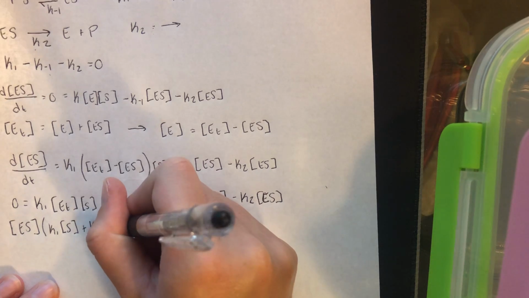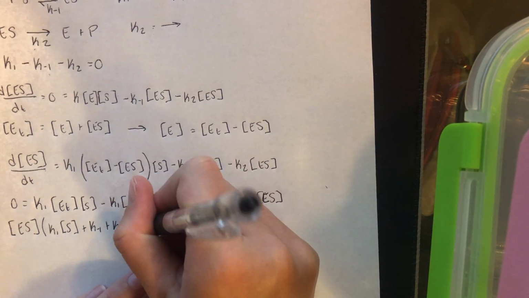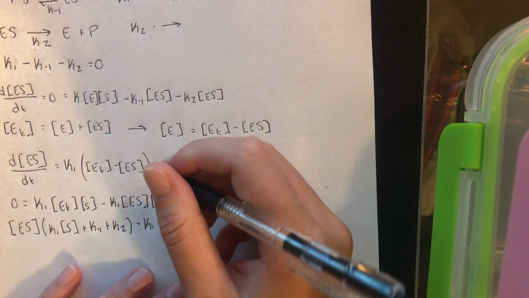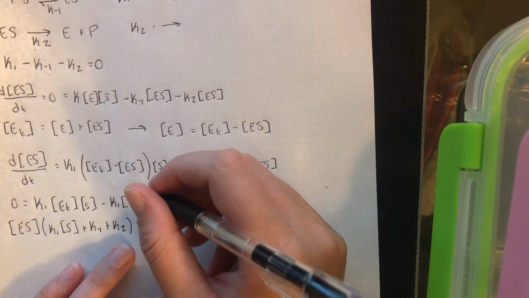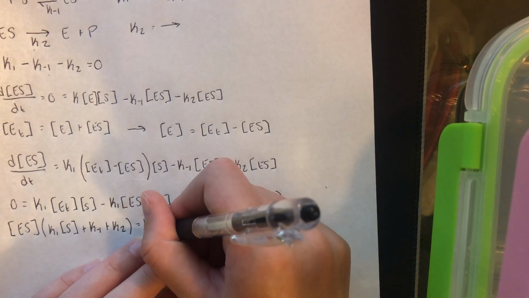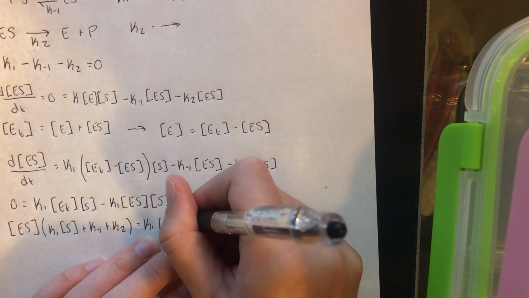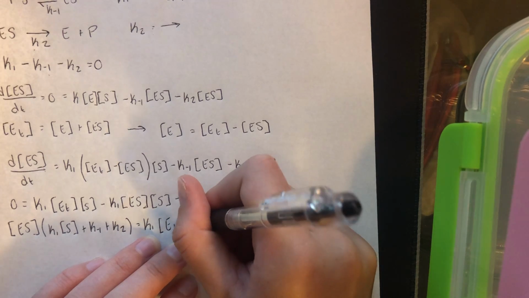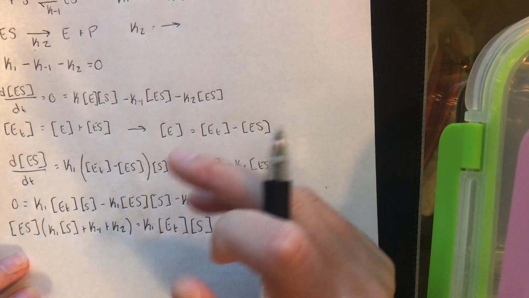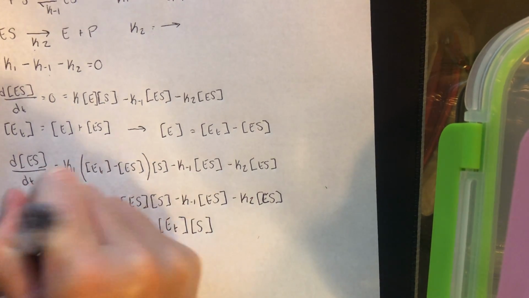plus K2, and then that equals K1 times the concentration of enzyme total multiplied by S concentration. So once we do that, we can further solve.